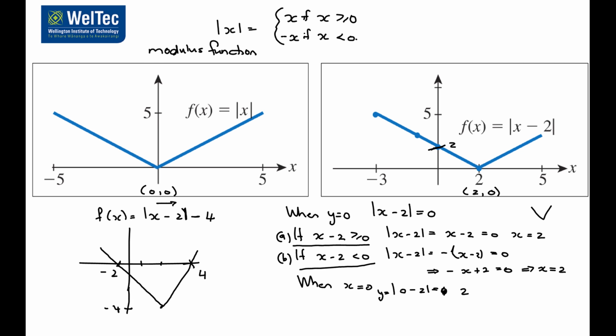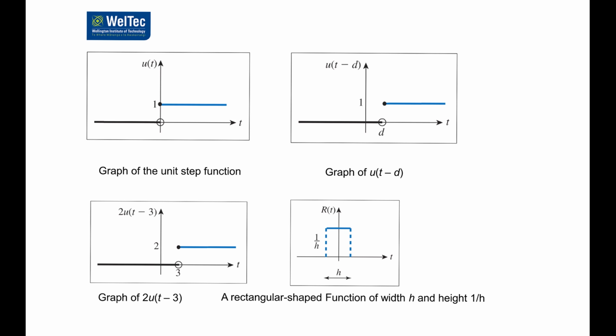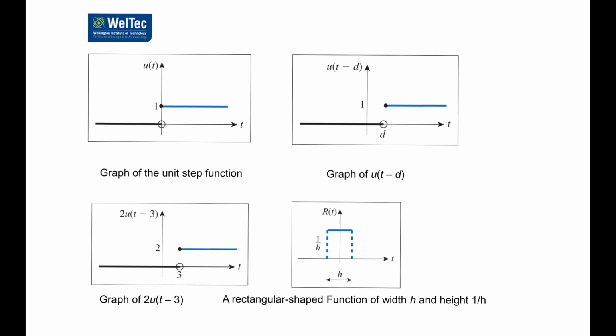Some other sorts of functions that you might come up against. The unit step function models something where it's either on or off. And if it's on, it has a value of 1. So we could write it as, if t is positive, it's on and it's at 1.